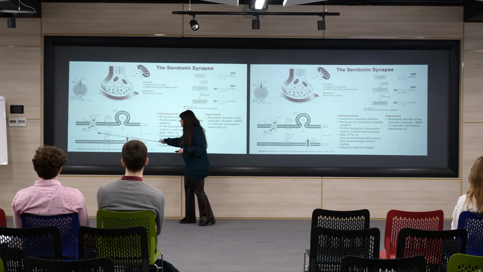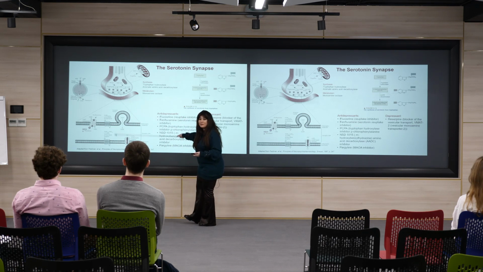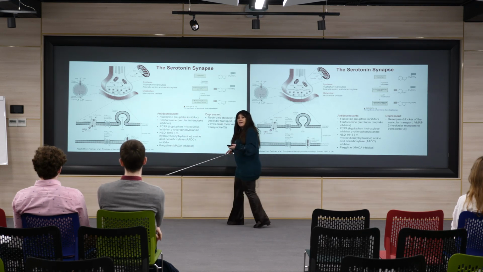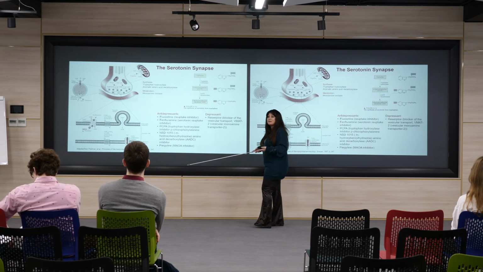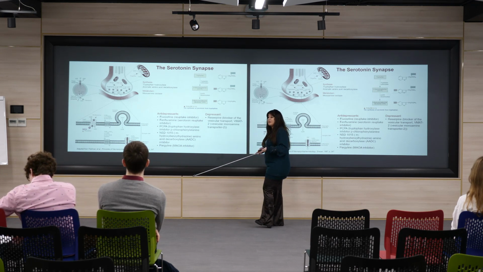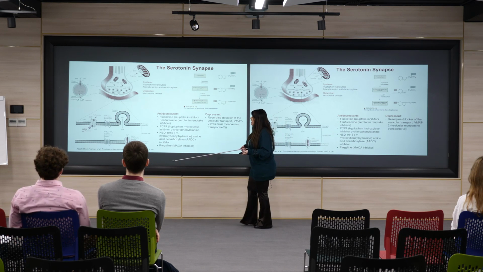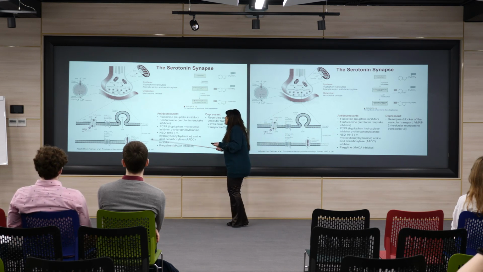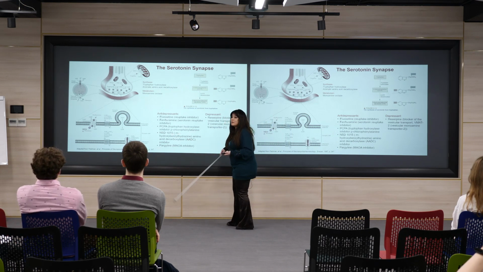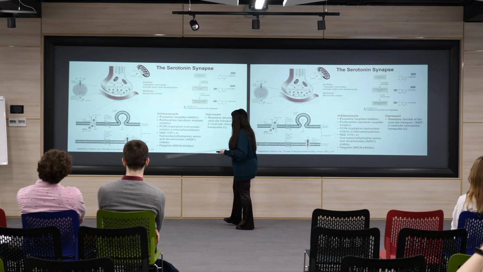So any drug that is targeting any component of this system is going to have an effect on serotonin availability and serotonergic transmission. And that was the idea that people concluded, that serotonin should be involved in depression. Why?